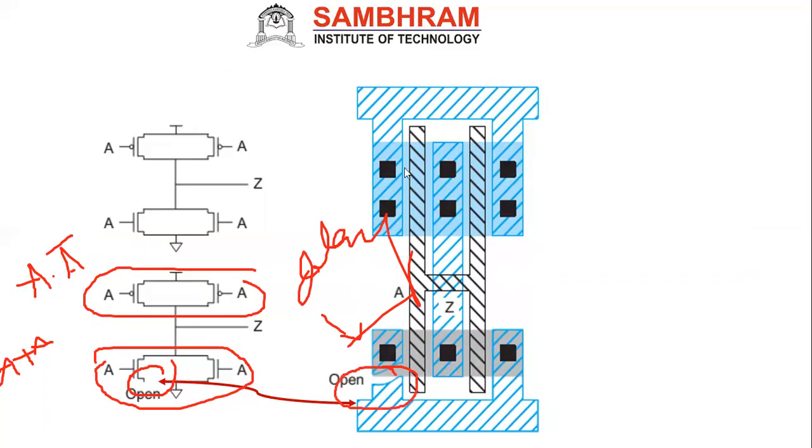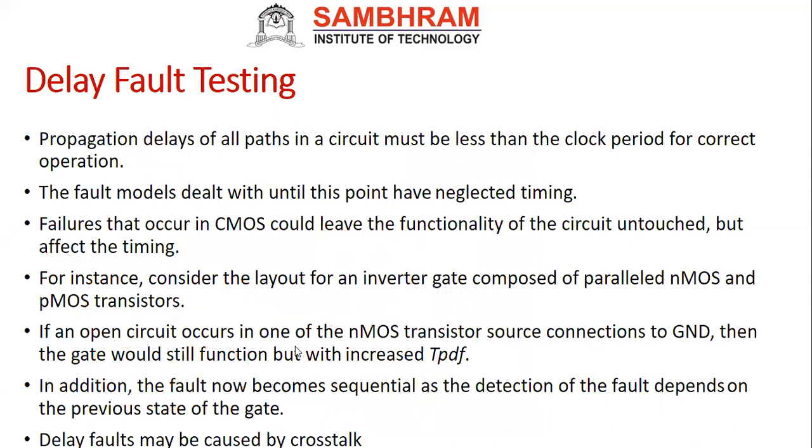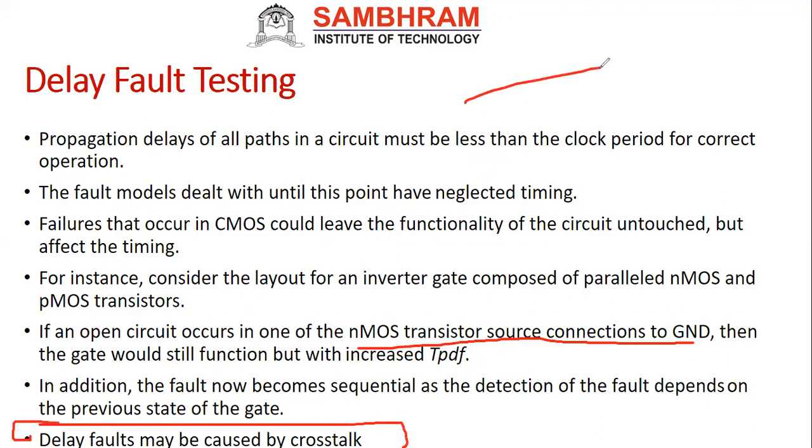That is why we can say here, if an open circuit occurs here, see the NMOS transistor source connection is connected to ground. That is what we showed. Now delay faults may also be caused due to crosstalk. Crosstalk means when two wires are running closely to each other, then crosstalk will form. That is also a thing. I hope this is clear.